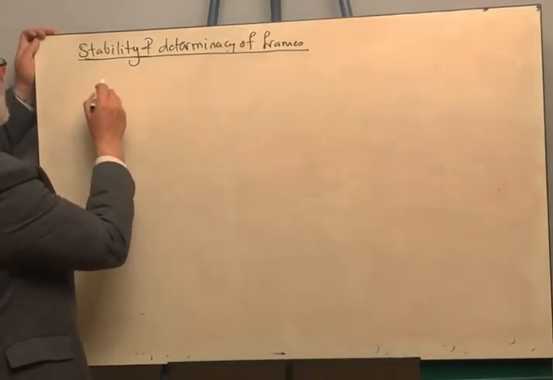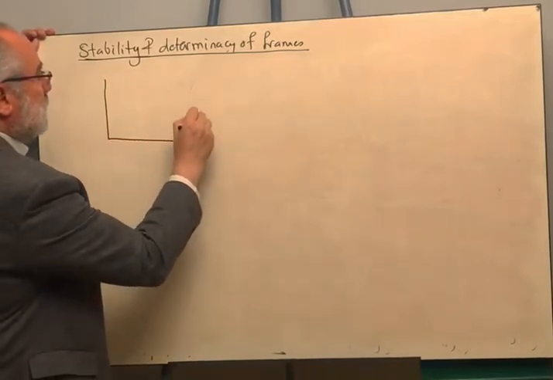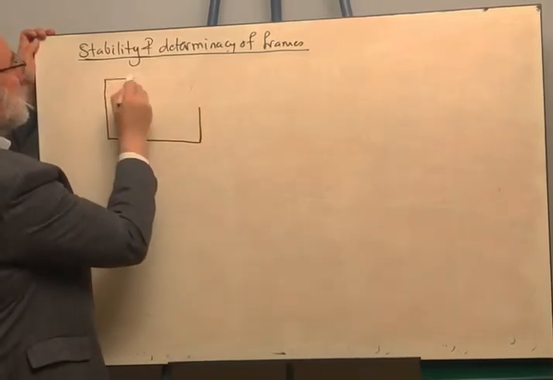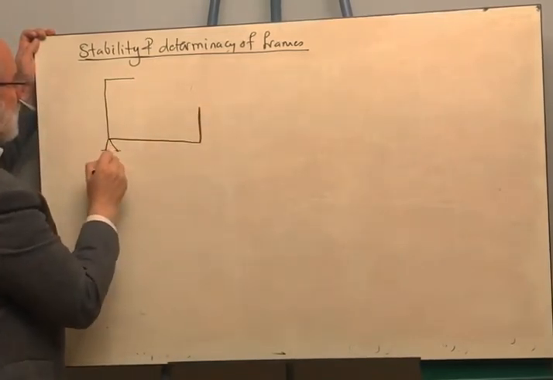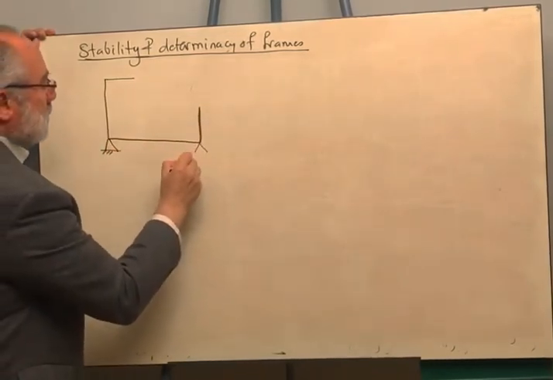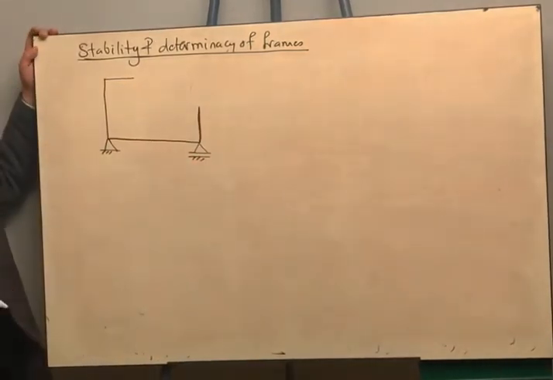Now, if I am having a frame like this, this is a frame, okay? How many support reactions do I have?